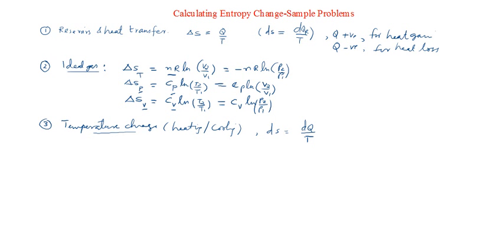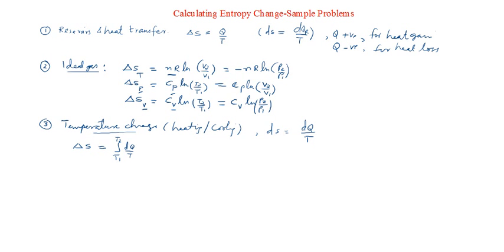So therefore in temperature changing problems we'll be using delta S. This is for the finite change, so you have to do the integration from some initial temperature T1 to final temperature T2 for dS, where dS is equal to dq upon T. Now what we have to do is just make substitutions.